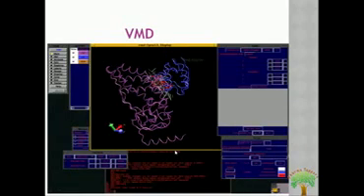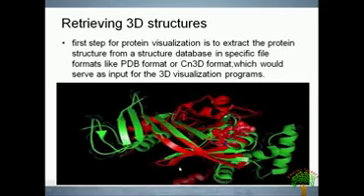This is the interface for the VMD, and these are the various icons and the graphical user interface used for visualization, and for retrieving the 3D structures. How to retrieve these 3D structures is the basic phenomenon lying under this visualization.